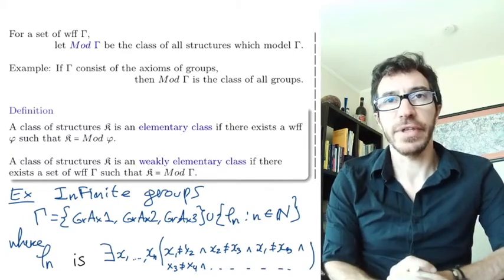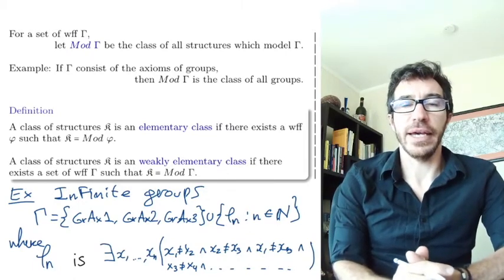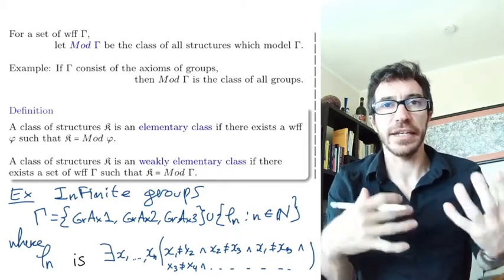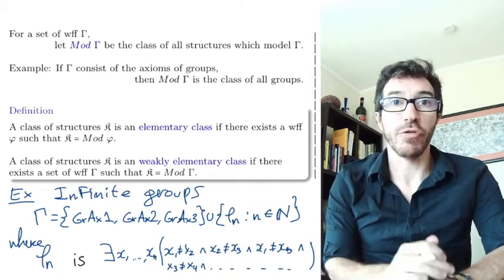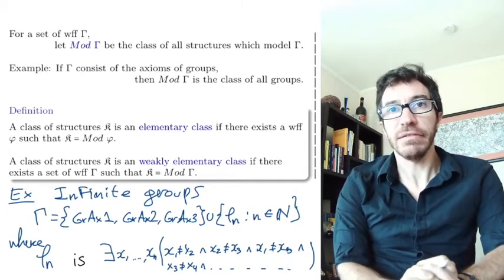So this formula phi sub n says there exist n different things. So the universe of the structure has to have at least n elements or more. So if you put all of them together for all the n, the only way to have that is if you have an infinite structure.